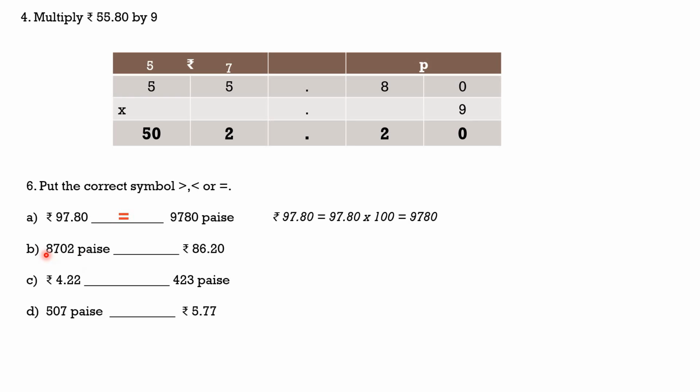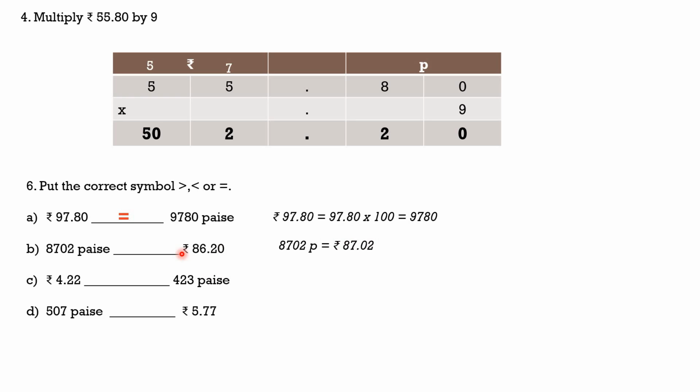Now the next one is 8702 paise and rupees 86.20. So let's convert this 8702 paise into rupees. While converting into rupees, we always count two digits and put a point. So we get rupees 87.02. Now this is 87.02 and here it is 86.20.